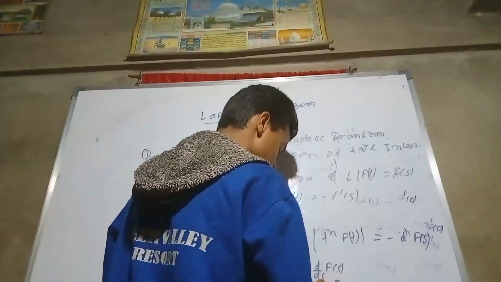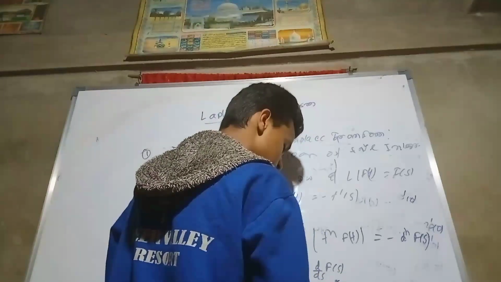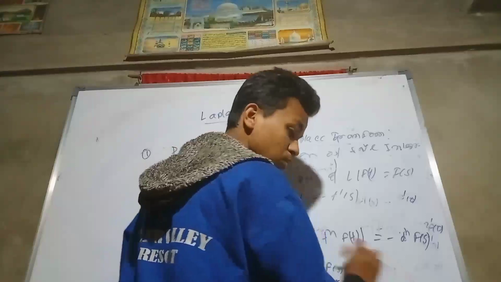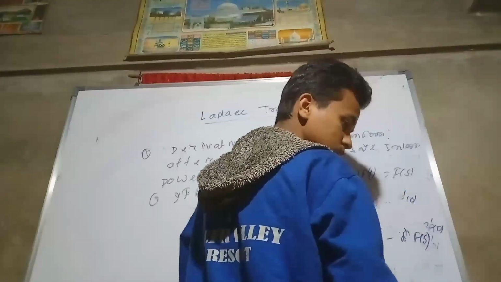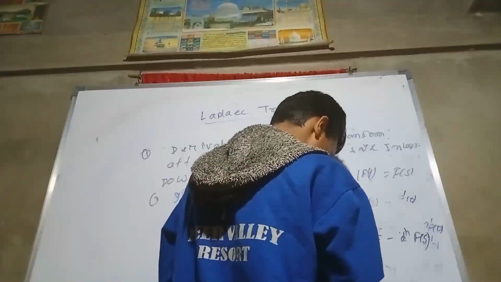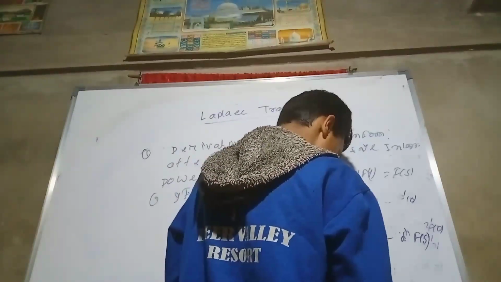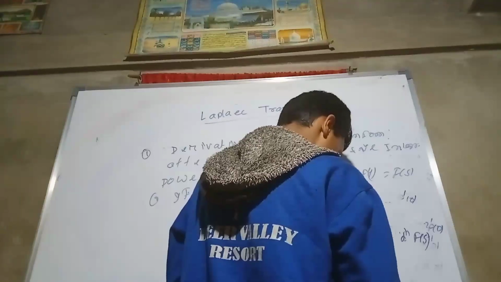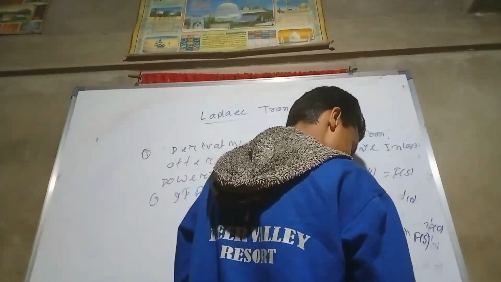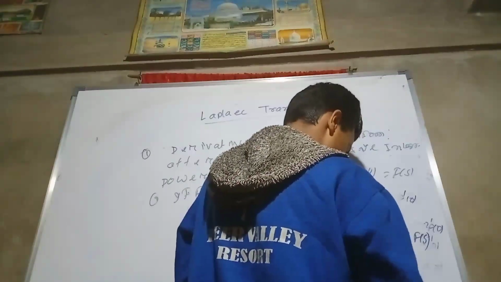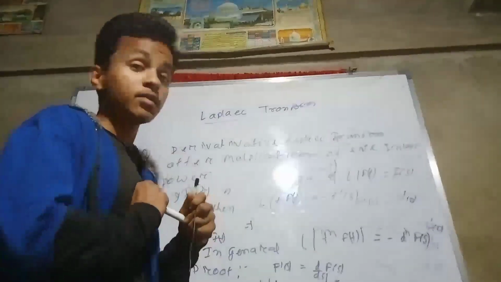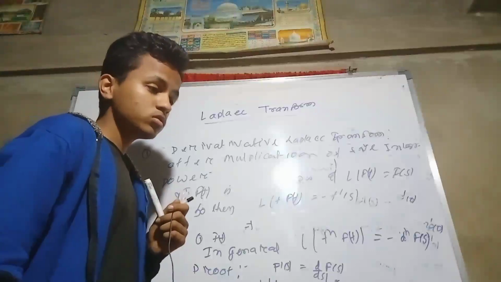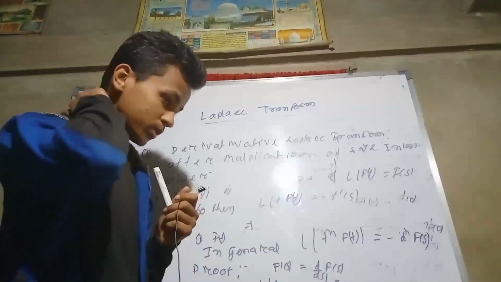Then we will use the Leibniz theorem, that gives us the integral 0 to infinity of d by ds of e^(-st) f of t dt. So after integration, you can find it by the Leibniz theorem. I have also uploaded a video on the Leibniz theorem, how to use it. I will give the link in the description, you can check it out.